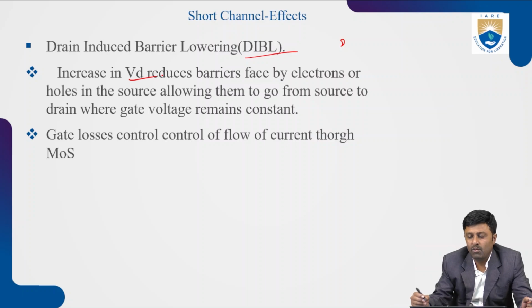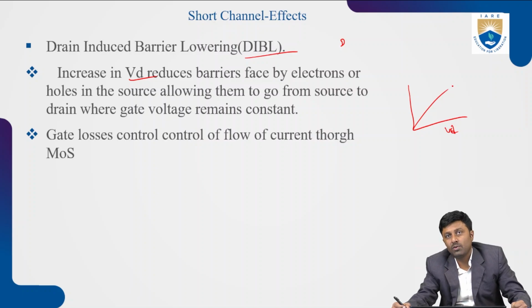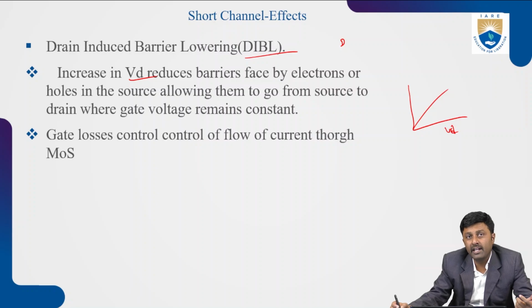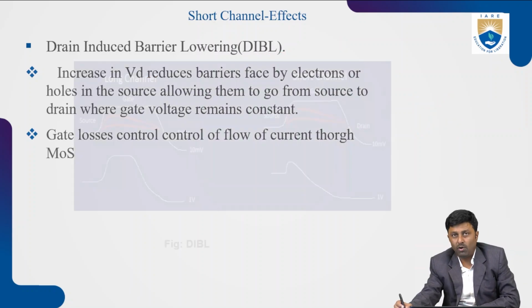If you increase the voltage, it reduces the barrier faced by electrons or the holes in the source, allowing them to go from source to the drain. So the gate loses control of the flow of current through the MOS.